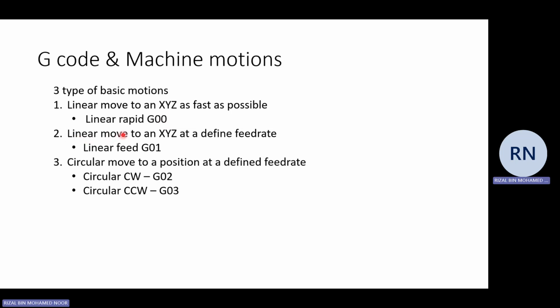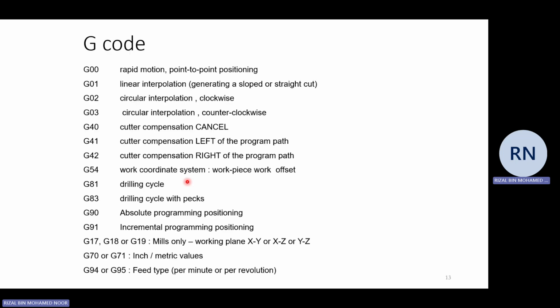The second one is G01, specifically used for cutting, and therefore we need to include the feed rate F. The last one is circular movement, either clockwise G02 or counterclockwise G03. These are the common G-codes that we use in basic programming.